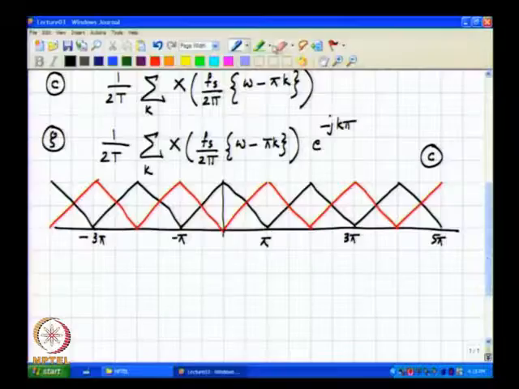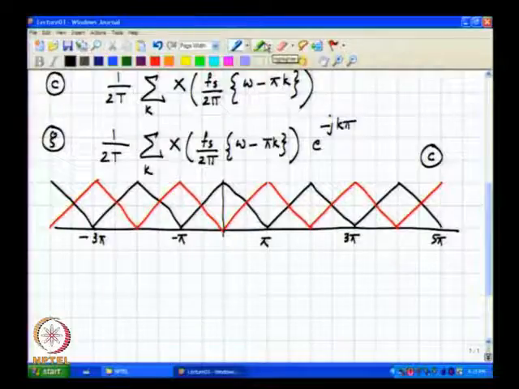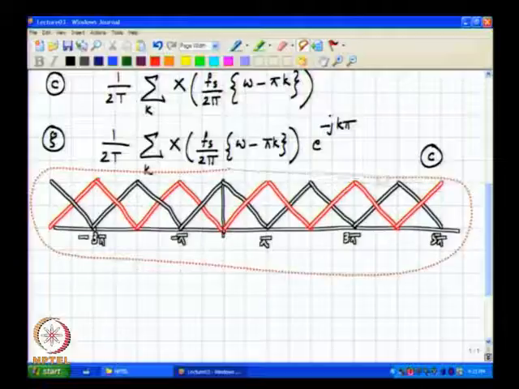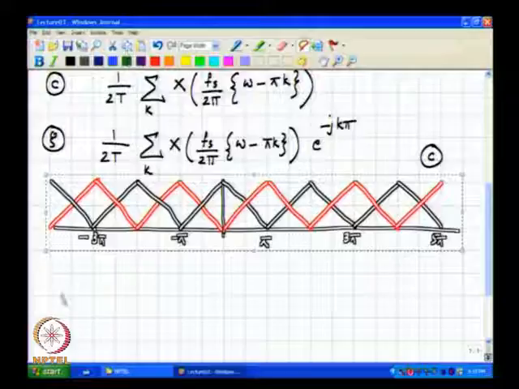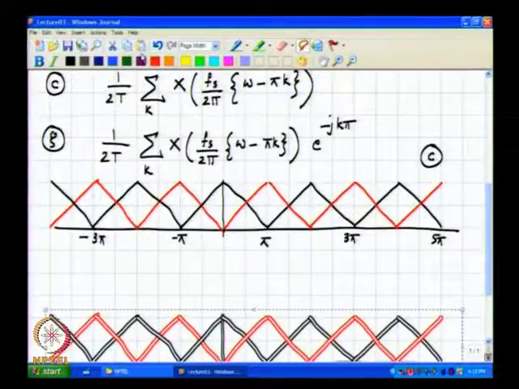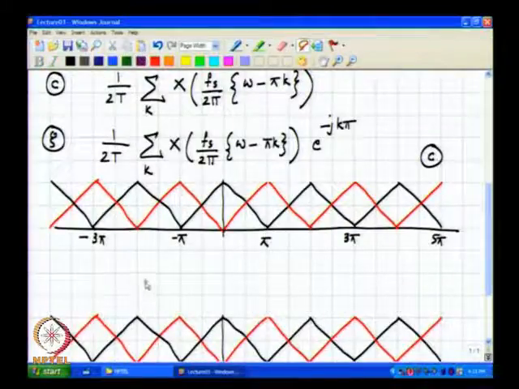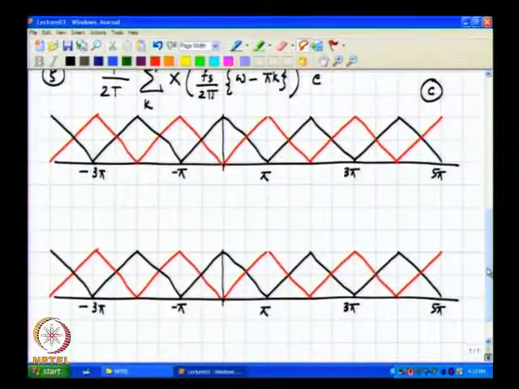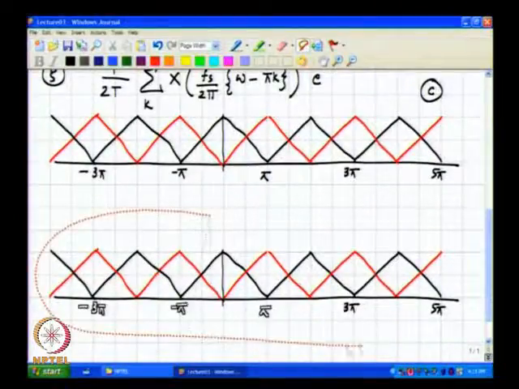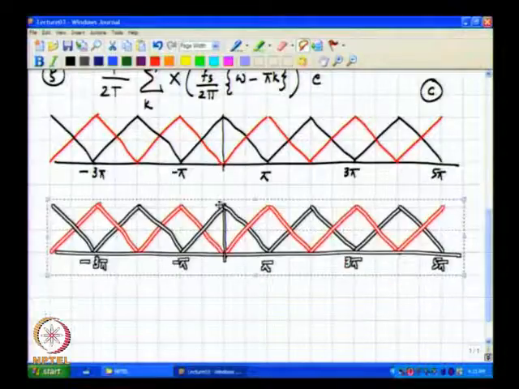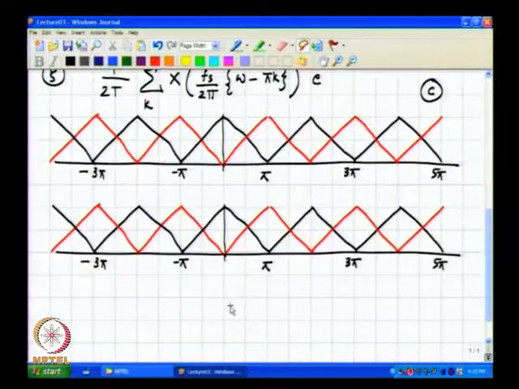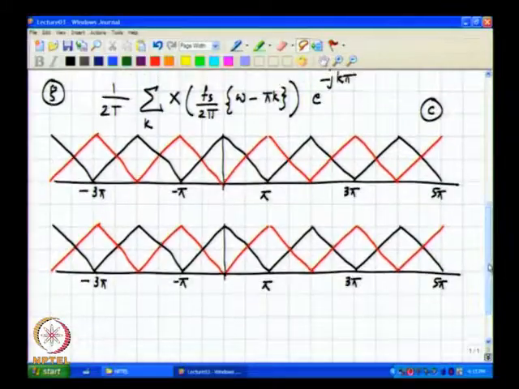Now, let us draw the spectrum at G, and to do that I will copy and paste. What is the only difference between the spectrum at C and the spectrum at G?